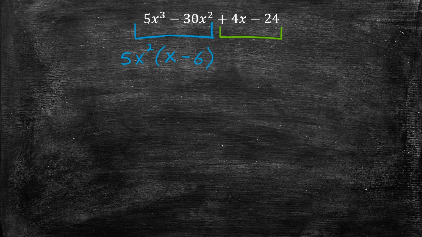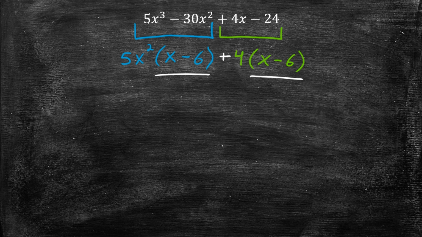All right. So now what we want to do is factor out the left side. So in green, we have 4x minus 24. So I can pull out a 4 from both of those numbers. And what I'll have left is x minus 6. Okay. So now when we're looking at this, we can see that both terms here have an x minus 6.